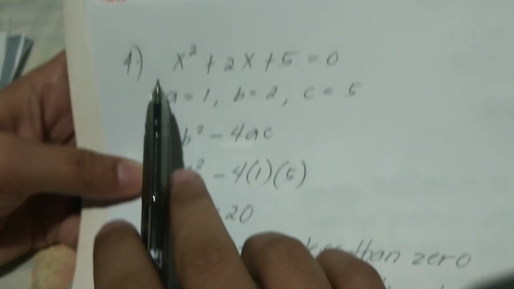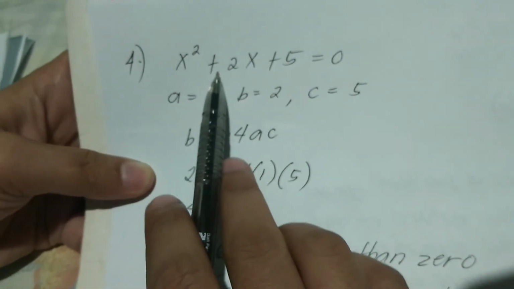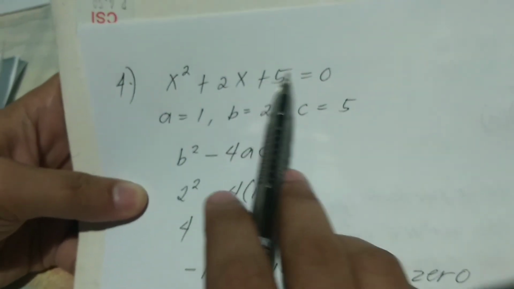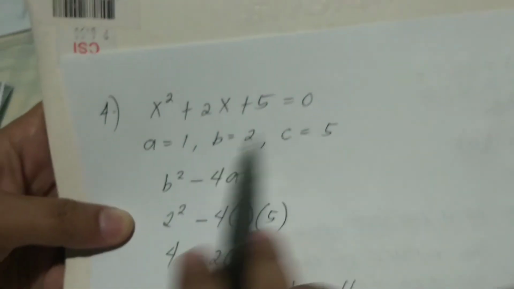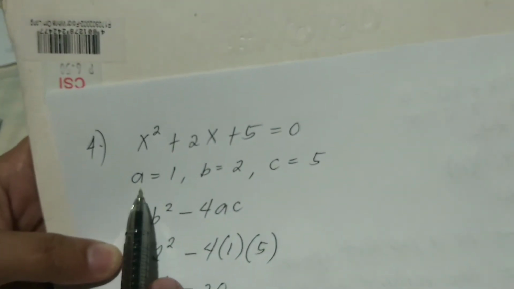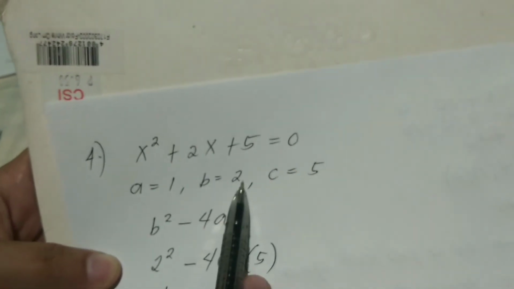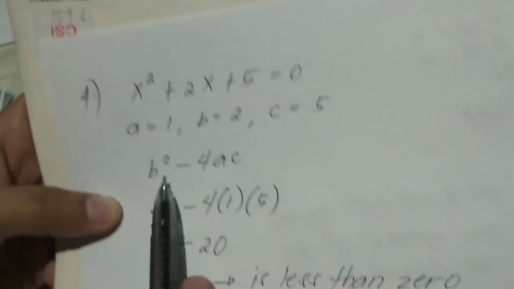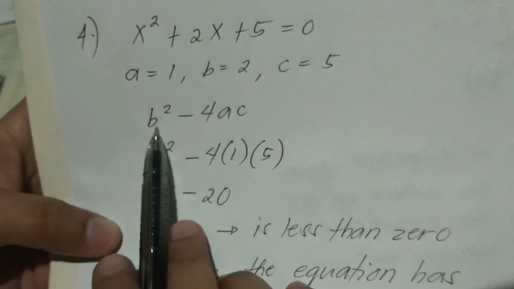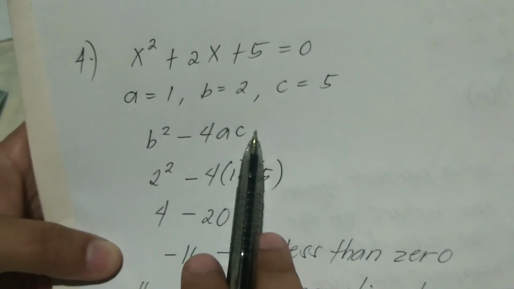Okay, last example. X squared plus 2x plus 5 is equal to 0. Ganun pa din, identify the values of A, B, and C. The value of A is 1, value of B is 2, value of C is 5. Then substitute to the discriminant B squared minus 4AC.